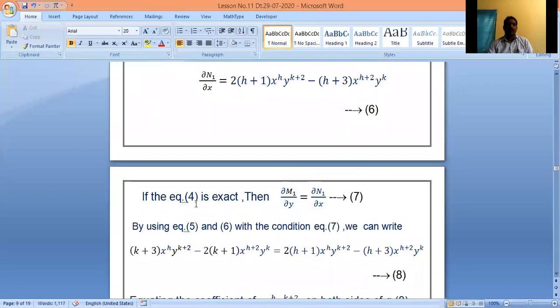The equation 4 is exact. Then ∂M1/∂y is equal to ∂N1/∂x. Let this equation be 7.